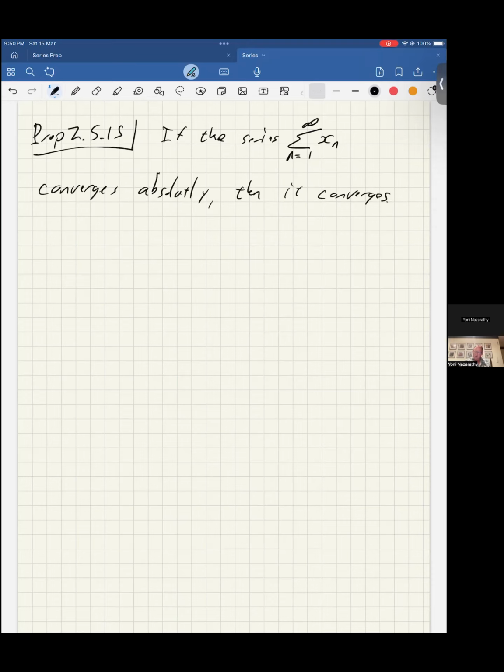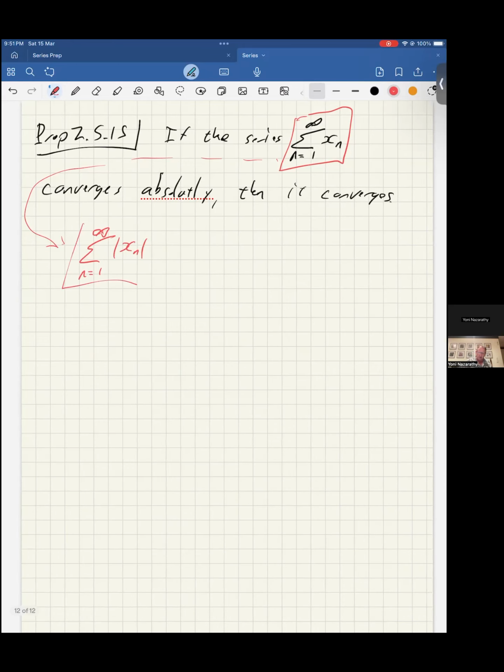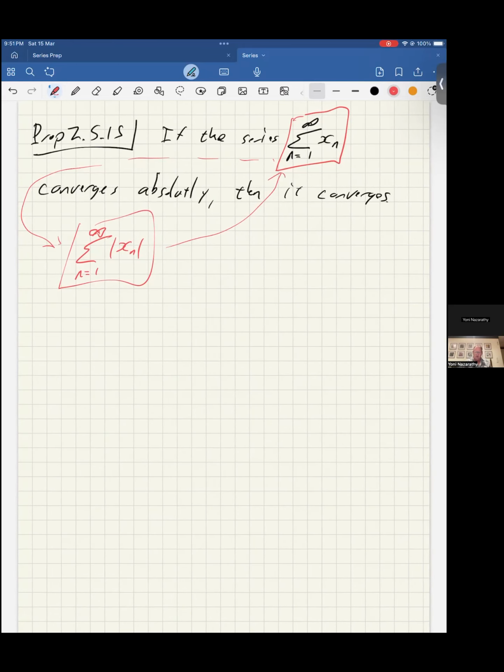So you're given some series. If you can show that it converges absolutely, what does that mean? It means you provide on the side a different series, the sum from n = 1 to infinity of the absolute value of xn, and you've shown that this is finite, meaning that it converges. So this one converges, hence this one also converges.